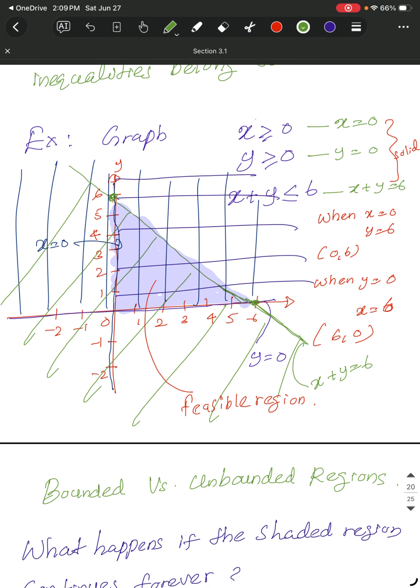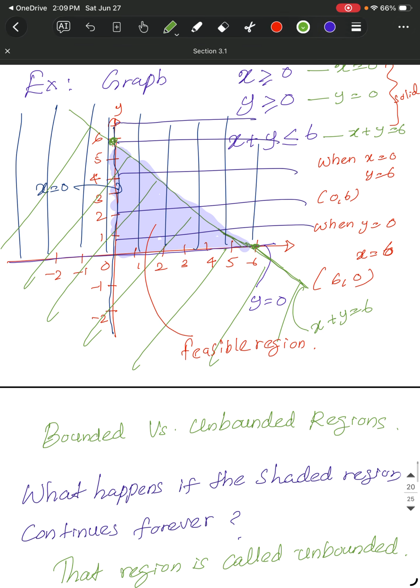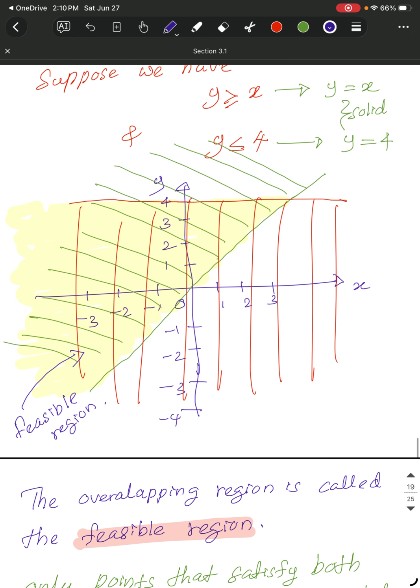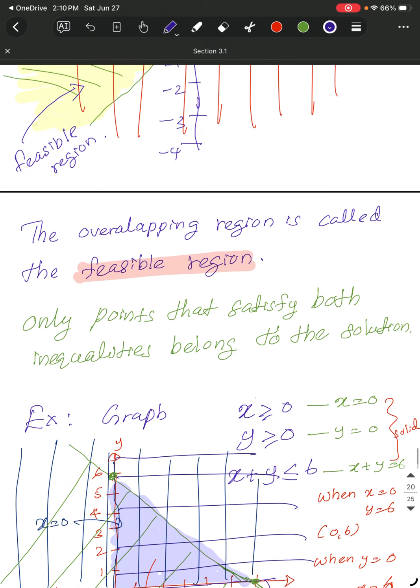So you can see that the enclosed, totally enclosed region here, the triangle, bounded. Here we can see that unbounded region, because to the right, to the left, we can see that it's unbounded, continuous forever for the negative x values.